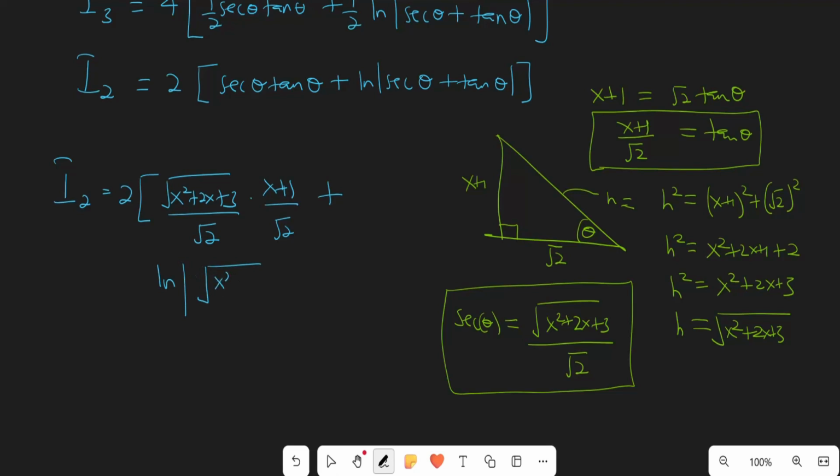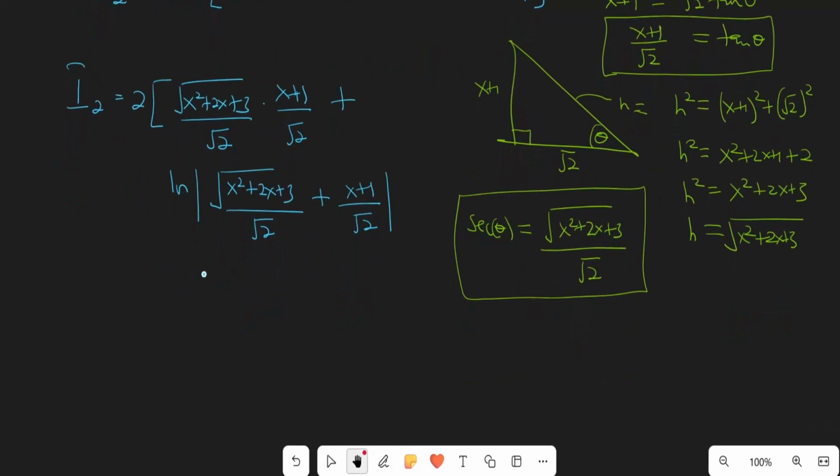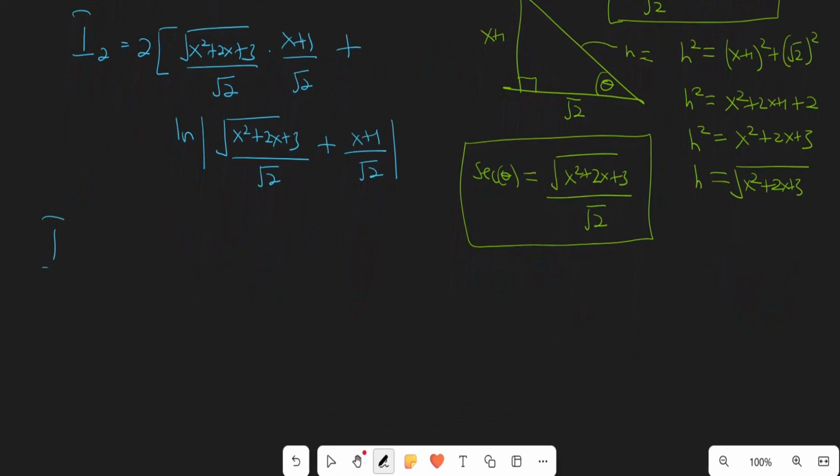So secant of theta is the square root of x squared plus 2x plus 3 all over the square root of 2, plus tangent of theta is x plus 1 all over the square root of 2, like this. So this is I2 in terms of x.